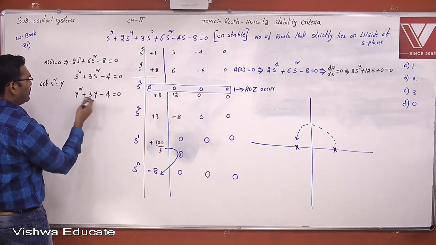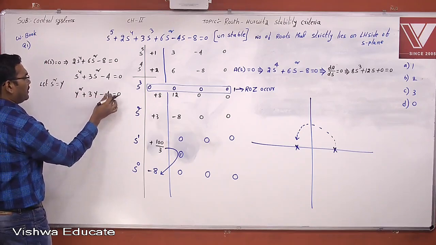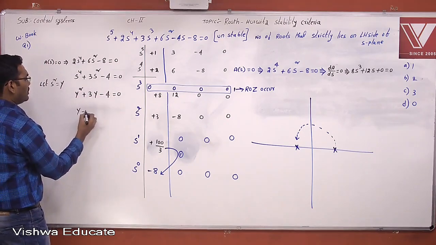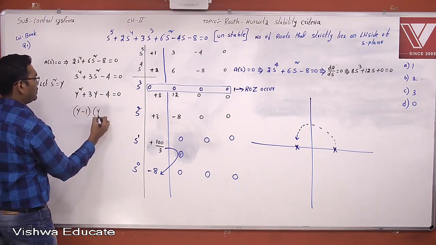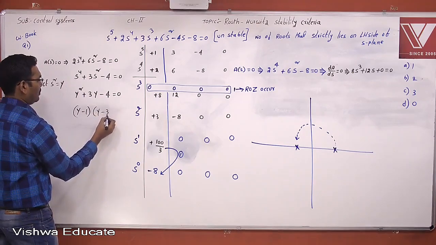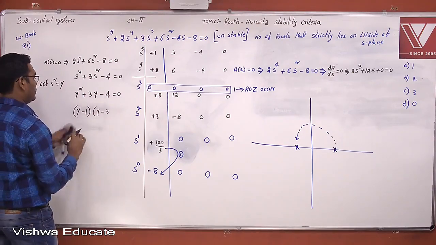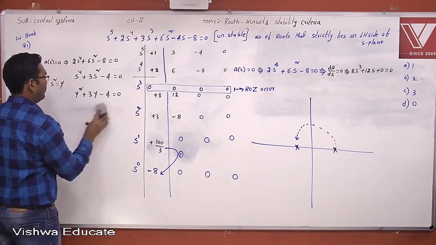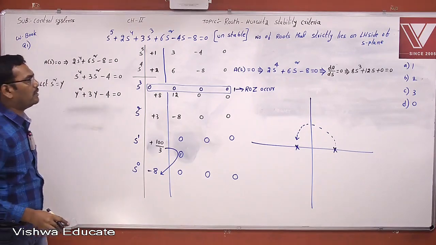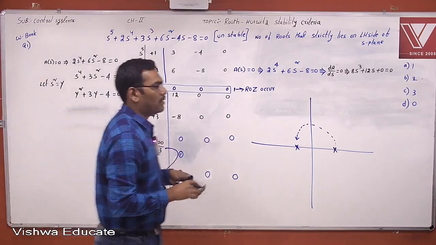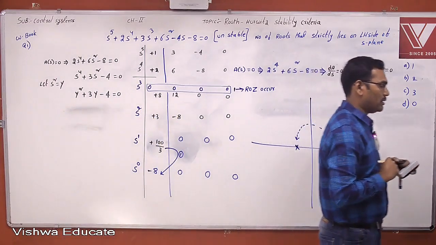Now these are the roots, very simple. For y^2 + 3y - 4 = 0, one root is 1 and another root is minus 4. Now first you just take down this, and we will find the auxiliary equation roots and see what happens.